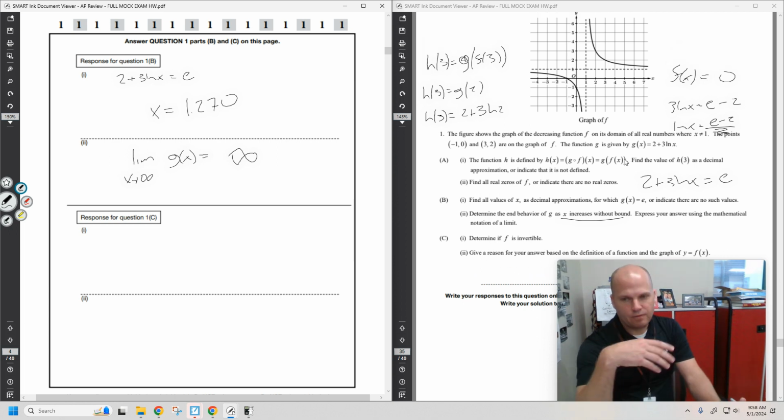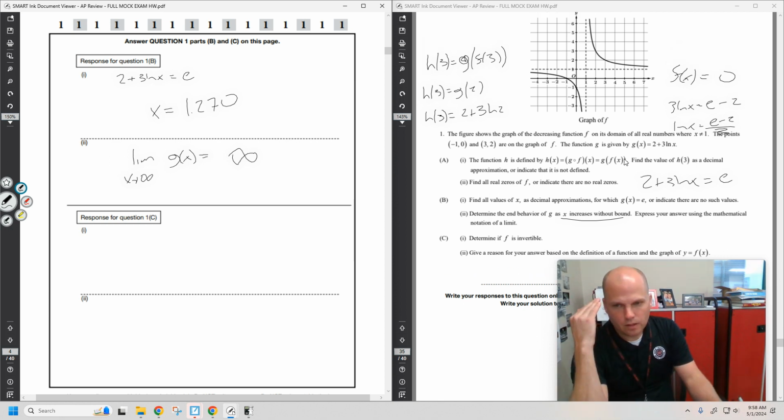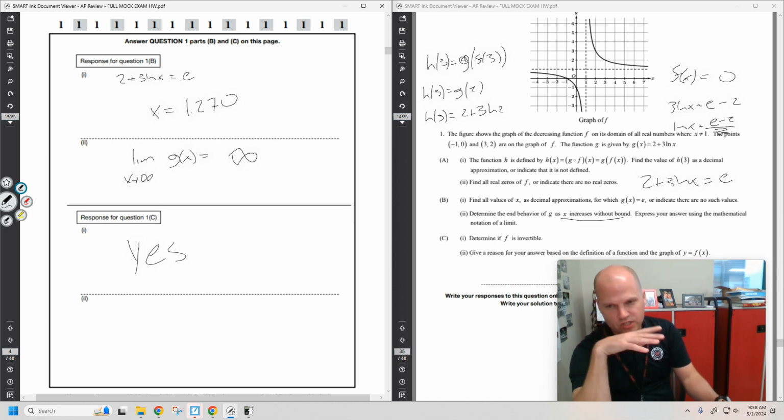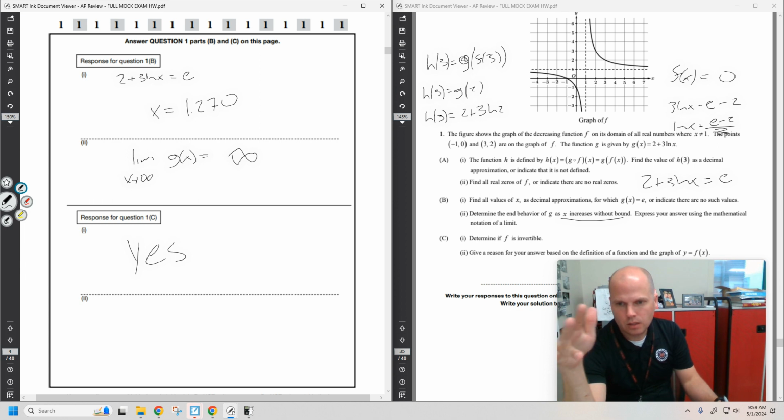Determine if f is invertible. So the answer is going to be yes or no, and the answer to this is yes. And we talked about this in question 1. We wanted the definition of each output has a unique input value. That's kind of what they wanted. Or if there's a counterexample, you say the output 3 does not have a unique input value.